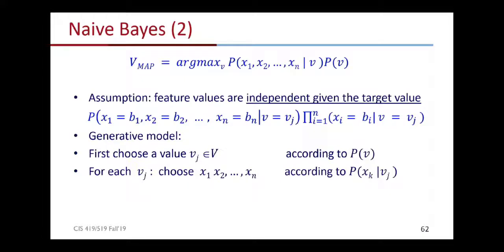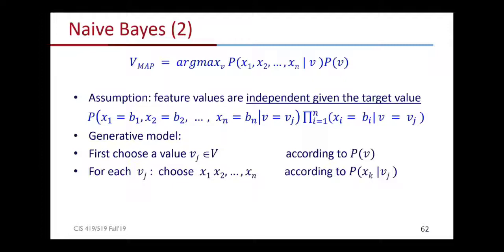So what does that mean now, that we make these assumptions? It means that in order to make a prediction using the VMAP, given that the feature values are independent given the target values, all I need to do is estimate a smaller number of parameters.